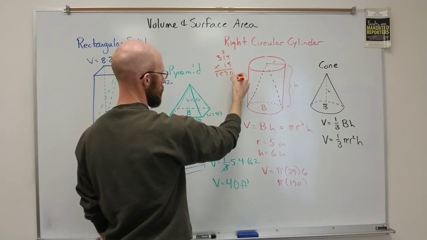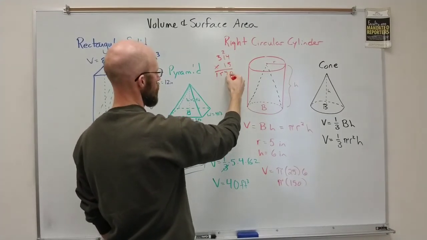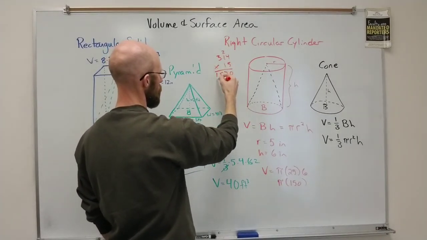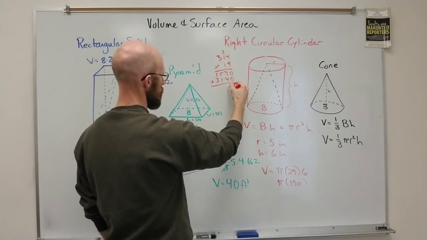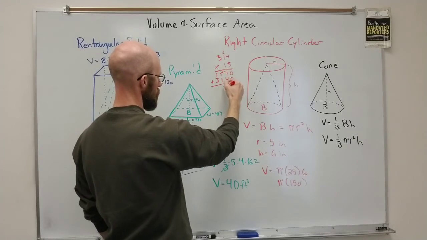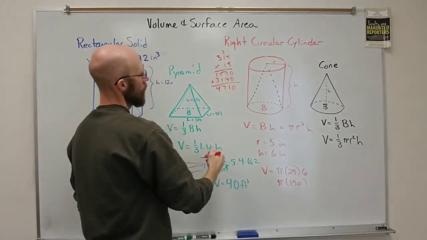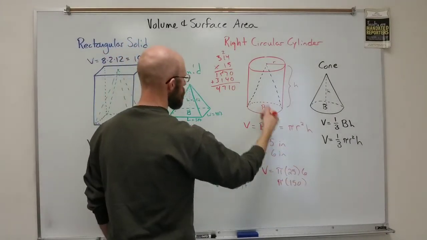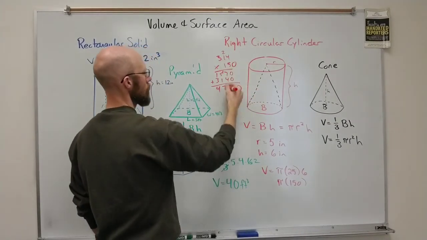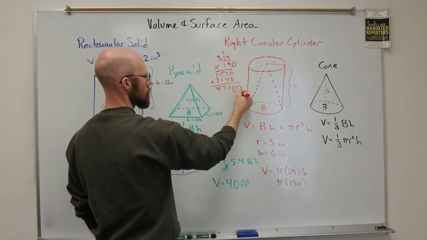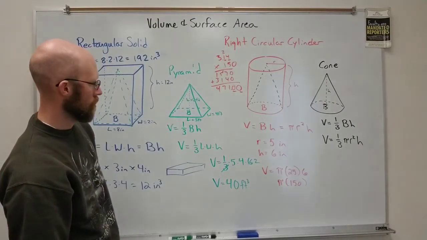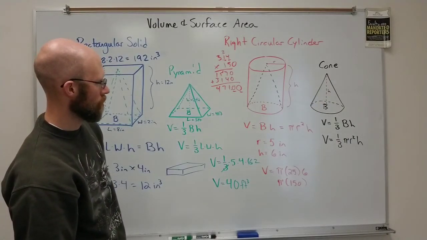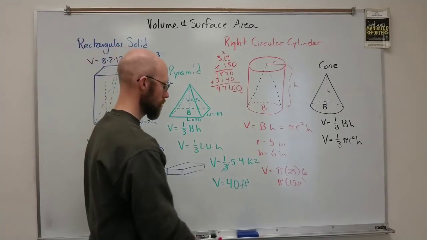I'm trying to do this without a calculator, even though I have one sitting right there. 4, 1, 3. Add those up. 0, 11, 5, 6, 7, 4. I do need an extra 0 on the 150, so I put a 0 in, and then I need 2 decimal places, so I got 471. Right? Yes, 471.